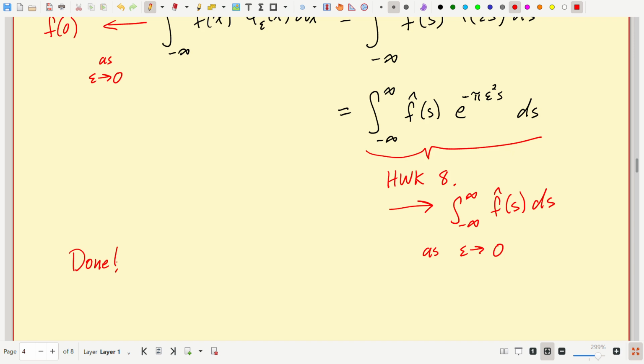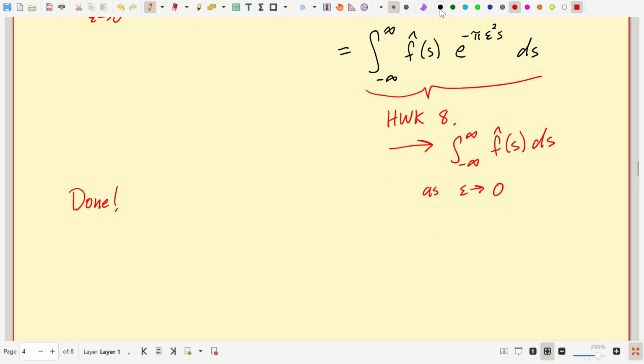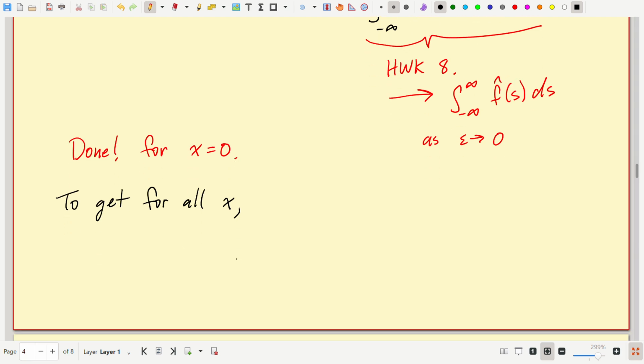Okay, well, I claim that once you know it at x equals 0, you know it. So finally, I need to show that we're done for x equals 0. And now for the rest of it, to get it everywhere else, for all x, all we need to use is a little trick.